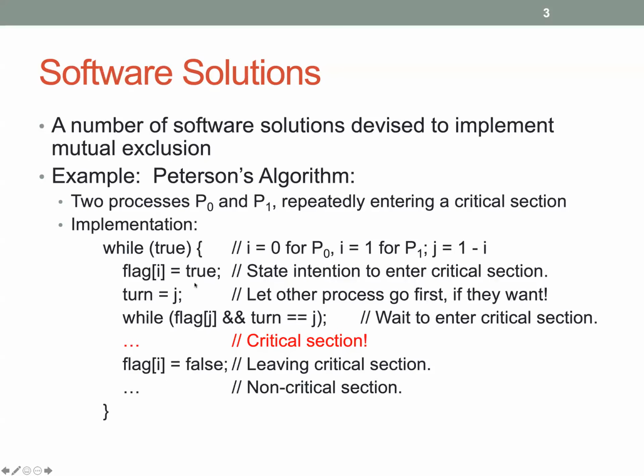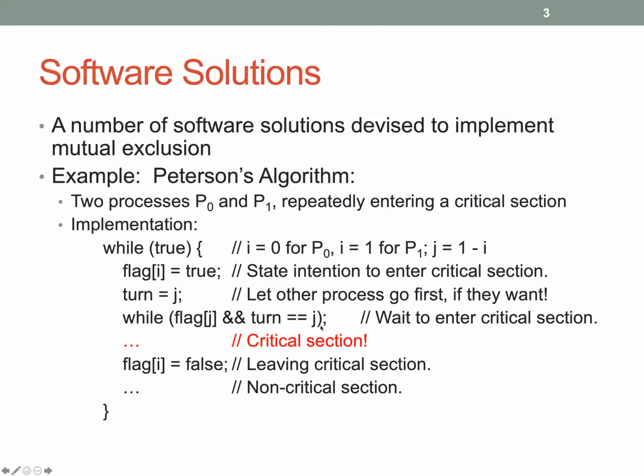You've got these flags for processes Pi and Pj, or in this case, 0 and 1. The flag basically states a desire or an intent to enter the critical section, but you always say it's the other person's turn.